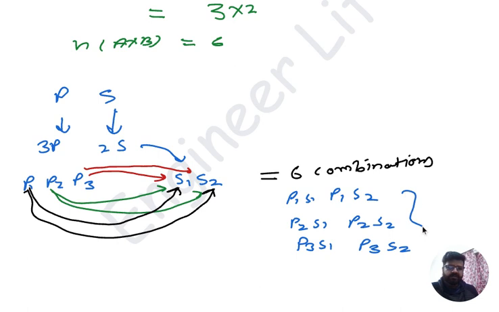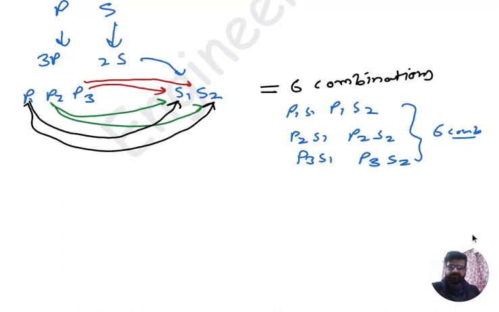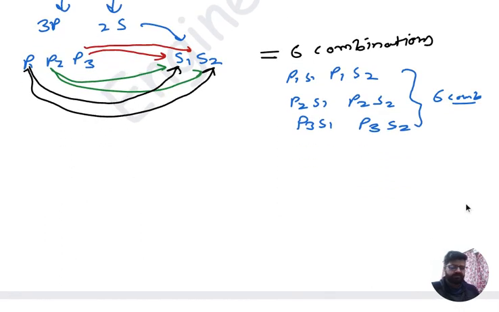So these are the 6 combinations. So if we have 3 pants and 2 shirts, then we can make 6 combinations.